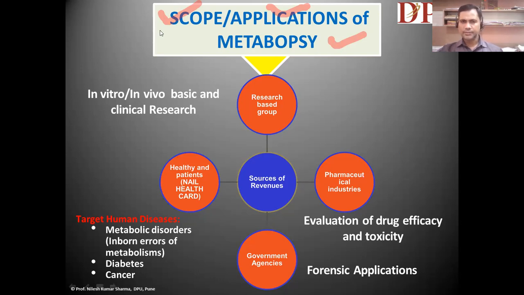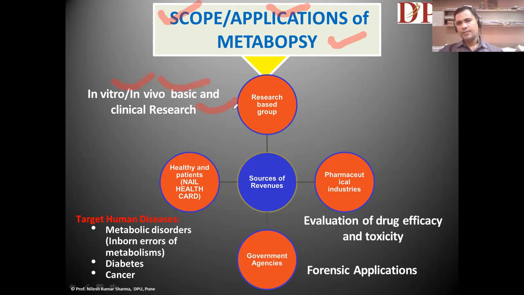As I said, the whole idea of metabopsy is by a particular method and tool. In previous introductions and other content, we have already shown that we have a vertical tube gel electrophoresis technique, where we try to resolve a certain method and process for metabopsy. This metabopsy can have scope and applications in vitro, in vivo, and in basic and clinical research.